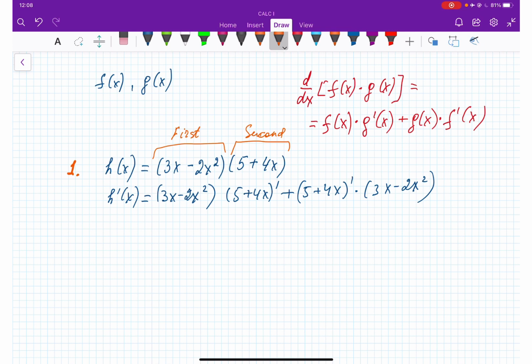So we multiply the first one by the derivative of the second, and then plus the second multiplied by the derivative of the first one.